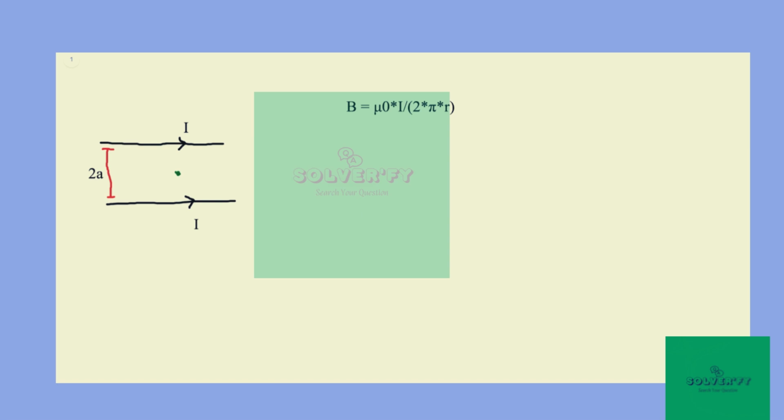Now part B asks us about a distance A above the upper wire. So now we have this point up here, that's a distance A above this wire. So again, we already calculated the magnitude from this upper wire here.